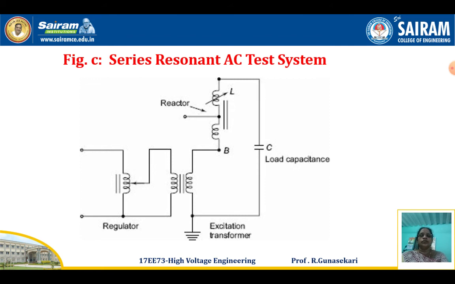Now you see the circuit diagram. This is the regulator, this is the primary, this is the high voltage winding. The high voltage winding is connected to the variable reactor and the capacitance load C only.